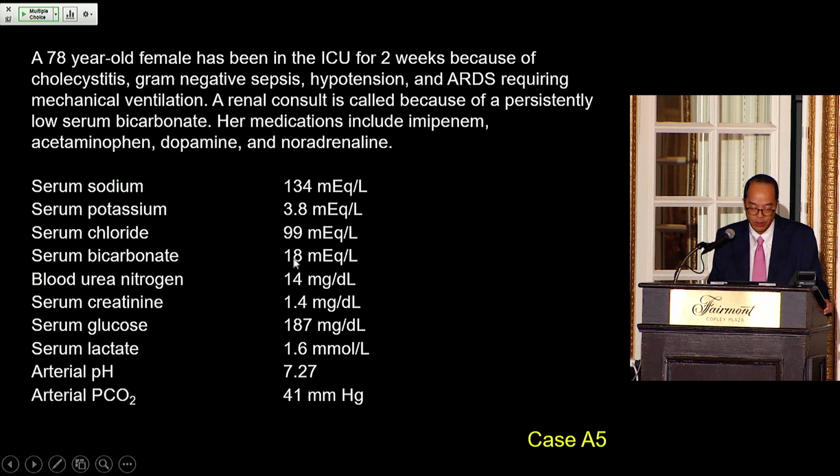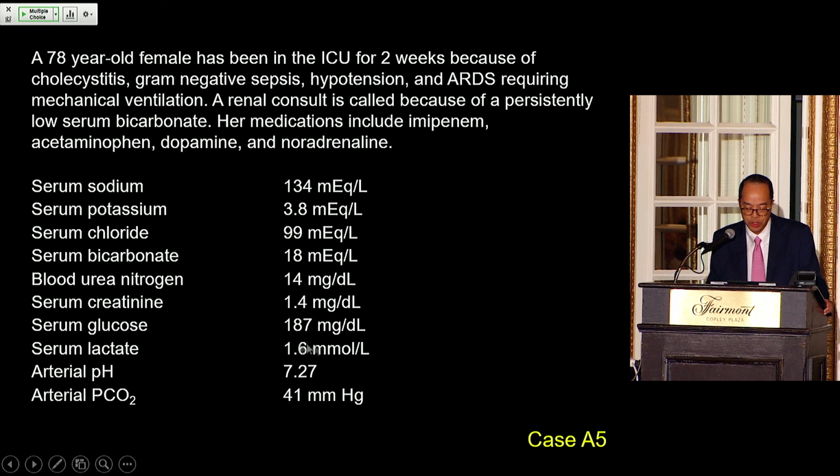One way to look at it is to calculate the anion gap, which is 134 minus 117, which is 17. So the anion gap is about 7 more than it should be in milliequivalents per liter. If that were contributed by lactate, the lactate level should be at least 7 millimoles per liter. Instead, it's 1.6.